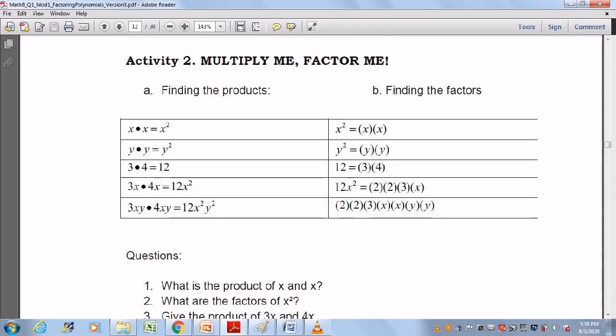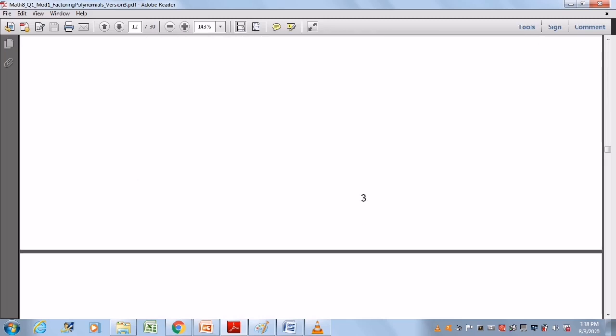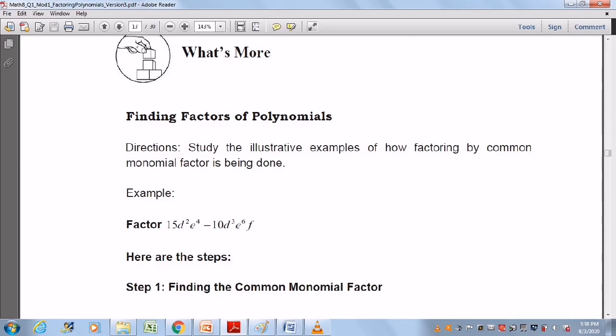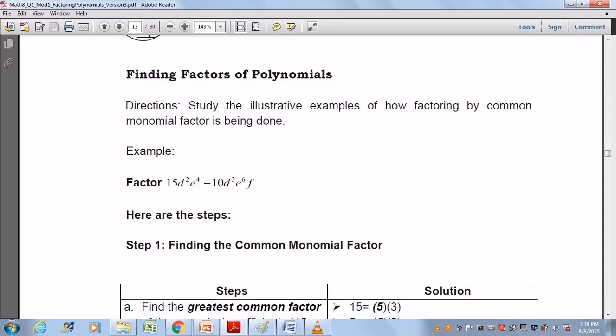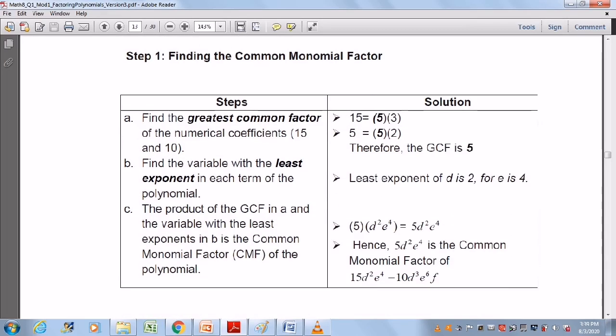Yan. So, tignan yung title, multiply me, factor me. Then, what's more? So, ito yung finding the factors of polynomials. So, study the illustrative examples of how factoring by common monomial factor is being done. So, that's a very important part kasi students will be learning from this one.